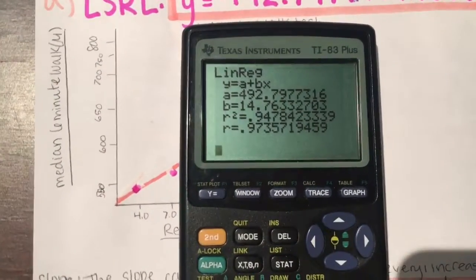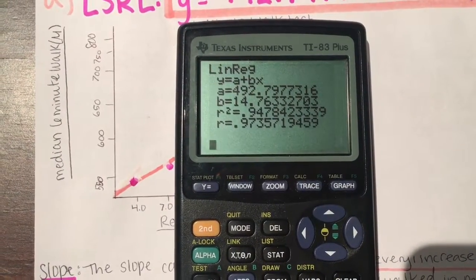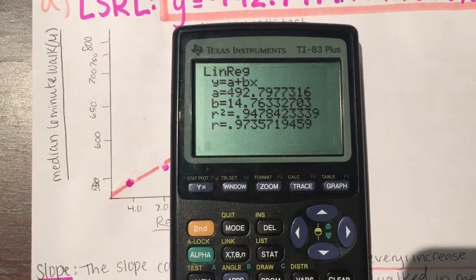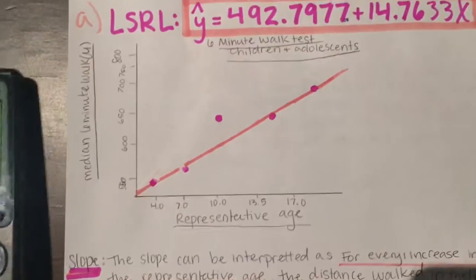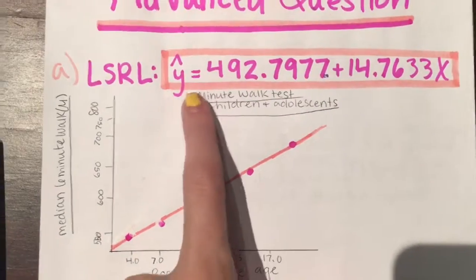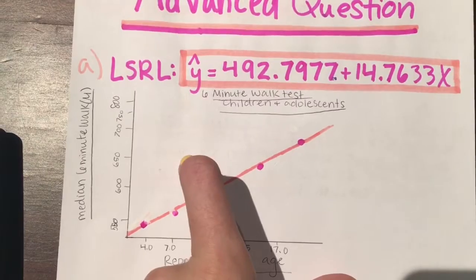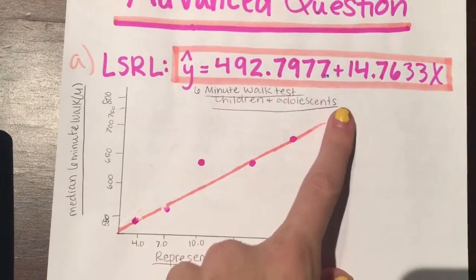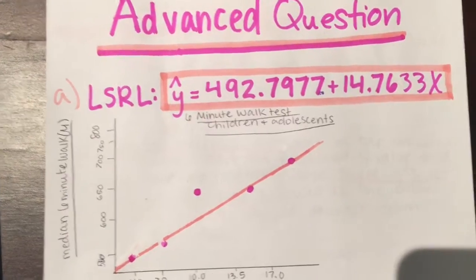For a, you get 492.7977, and for b, 14.7633. And that's how I got my equation: y hat equals 492.7977 plus 14.7633x.